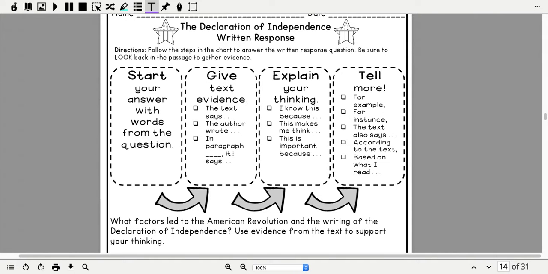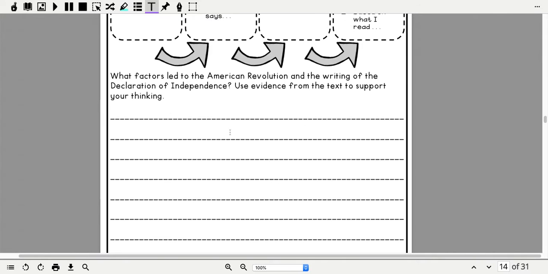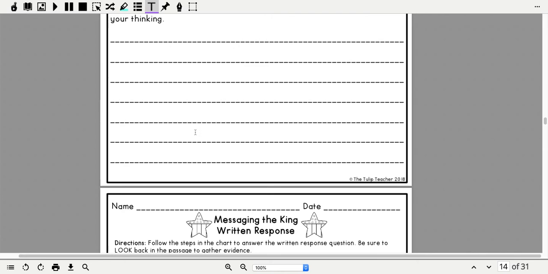And then we proofread it. So you guys can do this. What factors led to the American Revolution and the writing of the Declaration of Independence? Use evidence from the text to support your thinking. When you're answering this, go back to the first paragraph of the Declaration of Independence and reread that.